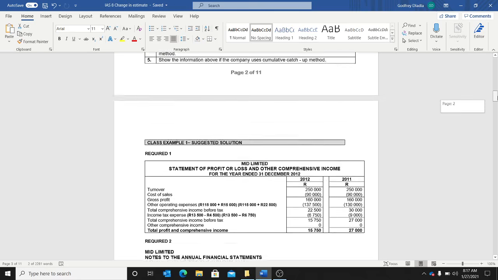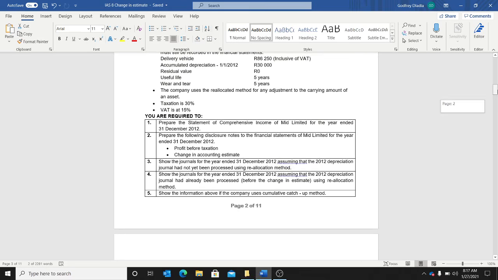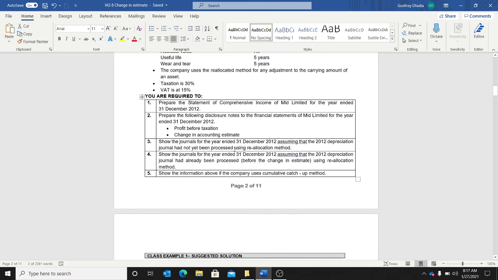Okay. Now we then go to this part here in number 3. It says show the journal entry, so the journals for the year ended 31 December. I've changed that one here. You'll see in the original one that I gave you, it says something about 2019, I think, which is a year, the following year, or future years.